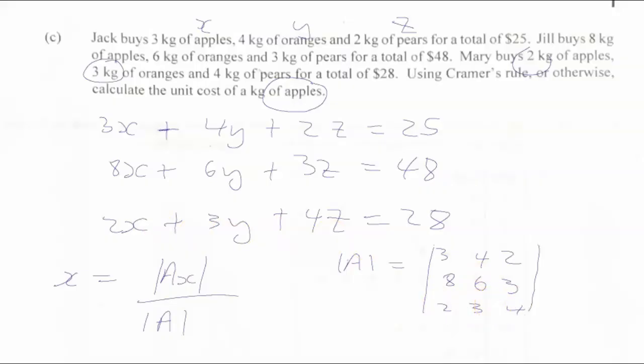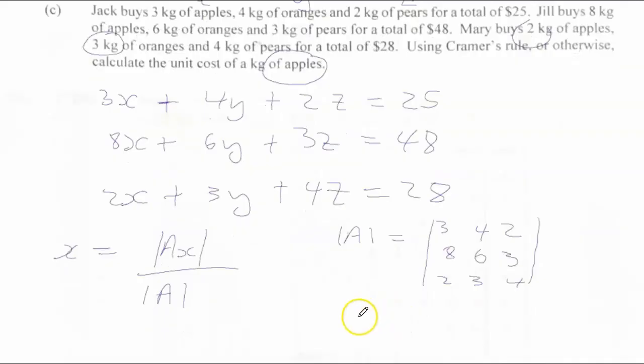So we can find the determinant of A using the cofactor method. We take the first value in the matrix, and we delete all the elements in the first row and all the elements in the first column.